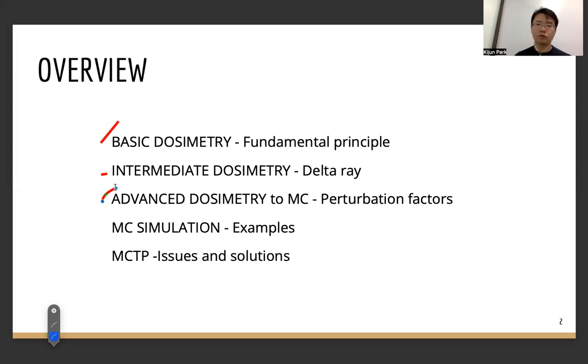I'd like to introduce the perturbation factors, and then some examples of Monte Carlo simulations. Lastly, I'm going to briefly talk about the issues and suggested solutions for Monte Carlo treatment planning systems.